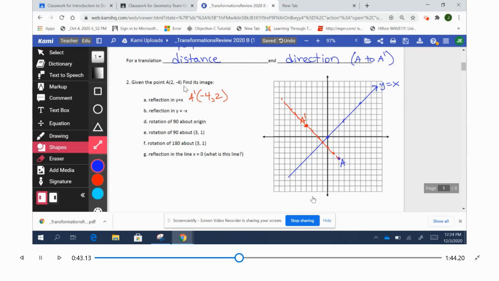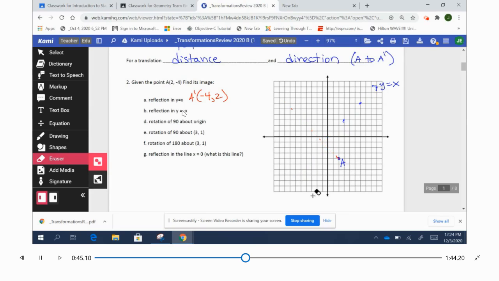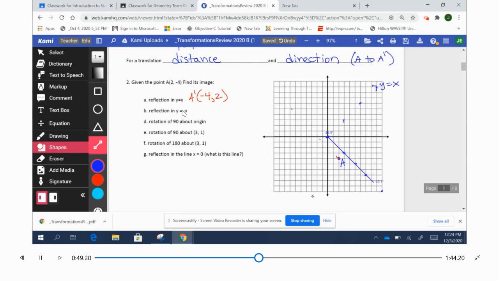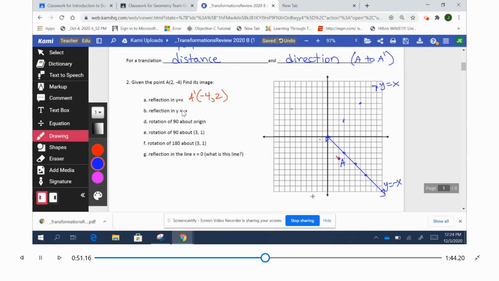So I'll erase and then reflect over y equals x. I'm graphing that right now. Same thing, you'll see me create a path that's perpendicular first, then I'll go back and count a direction. I think it's important for students to plot that path that your image is going to travel. That's really an essential step.